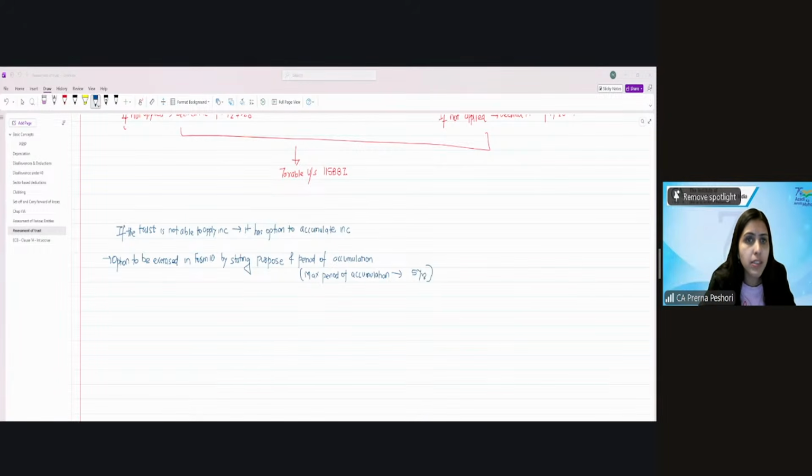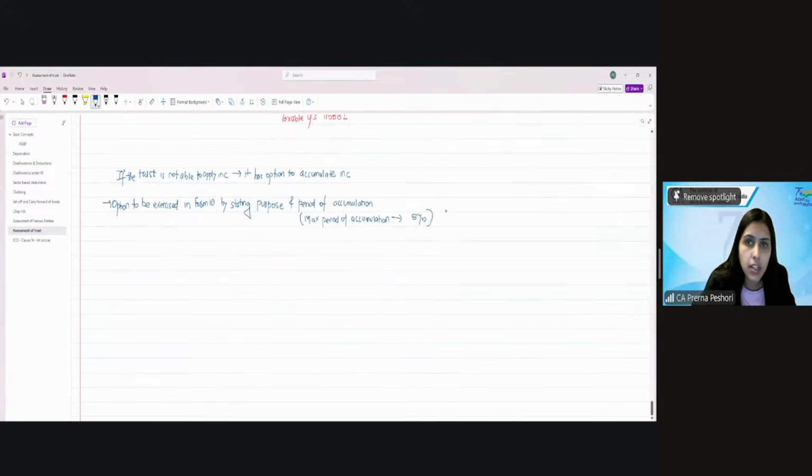And again, this Form 10 has to be filed 2 months prior to the due date under 139(1). However, again, CBDT has relaxed this up to the due date under section 139(1). You can file up till the due date of 139(1).